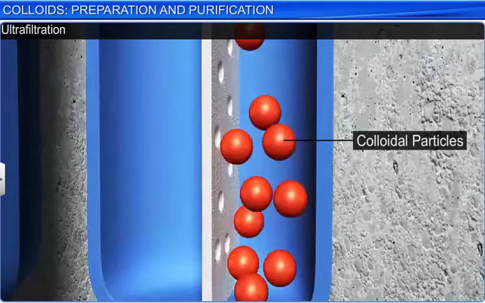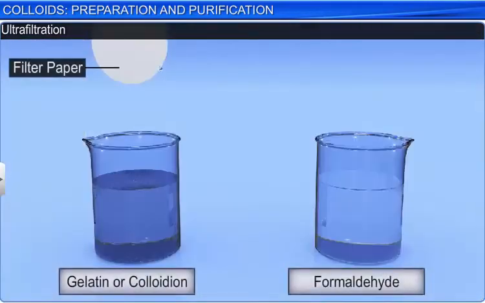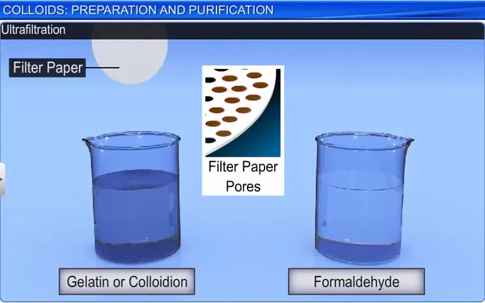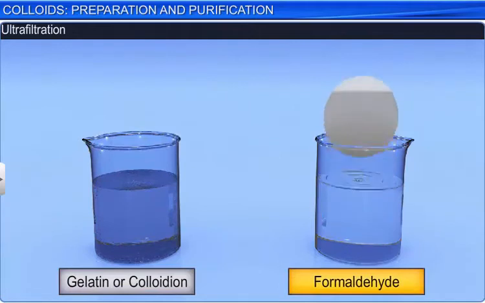The size of the pores in the filter paper can be decreased by soaking it in a solution of gelatin or colloidin, followed by hardening with formaldehyde. Usually a colloidin solution is a 4% solution of nitrocellulose in a mixture of alcohol and ether.